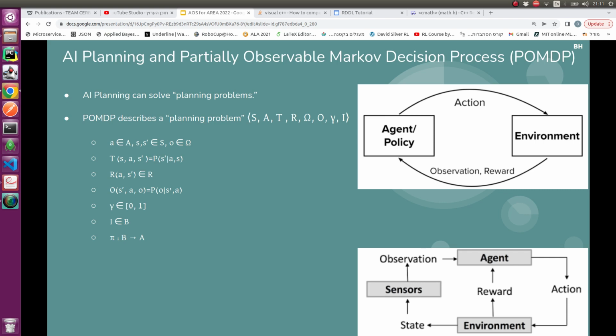Now, in AI planning, we want to solve this planning problem, which means we want to find a policy, a policy for selecting actions conditioned on the belief state, that maximizes the total accumulated expected reward.